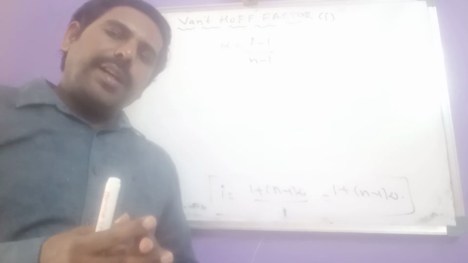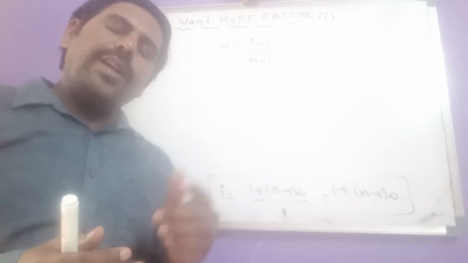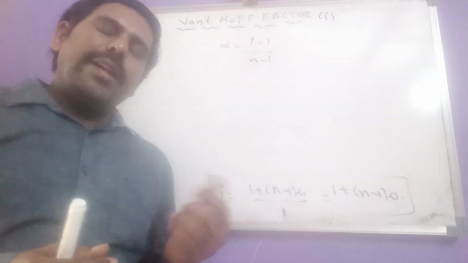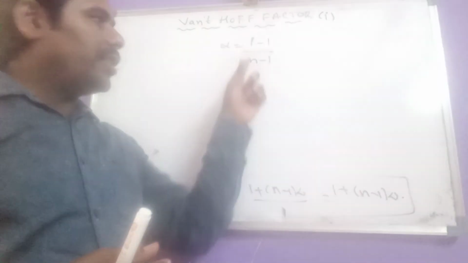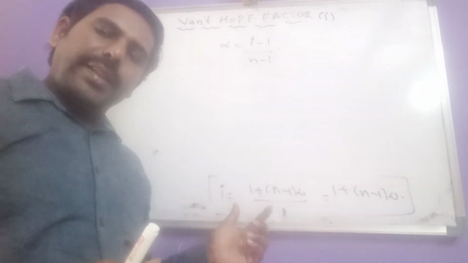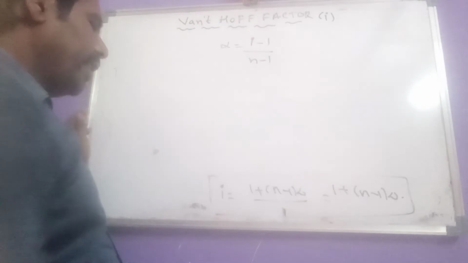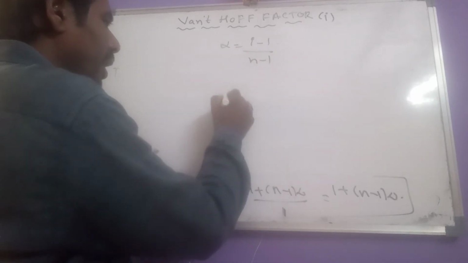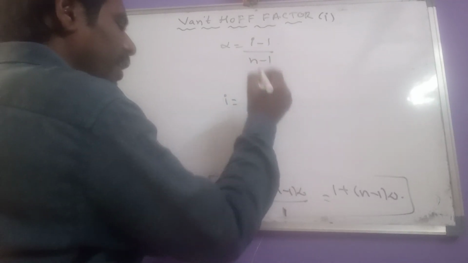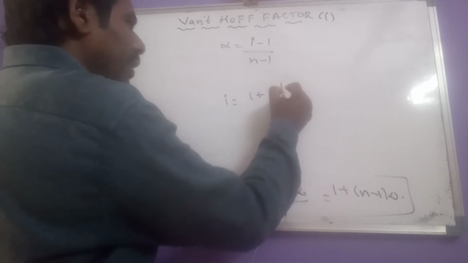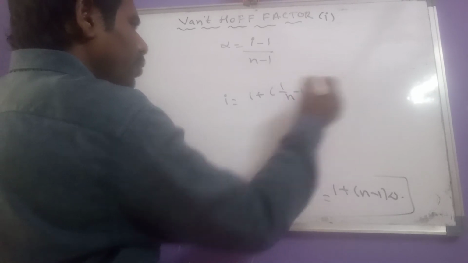But some components undergo association. At that time, what changes do we have to make in this equation? See here, one simple change: I equals 1 plus 1 by N minus 1 into alpha.